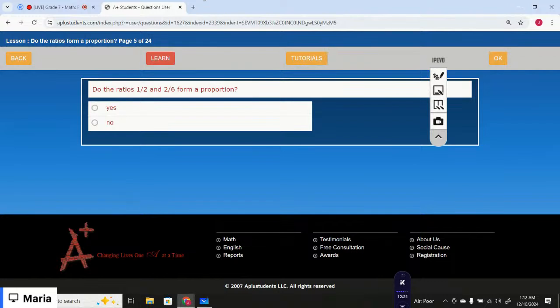No, they do not form a proportion, right? The correct option is no.